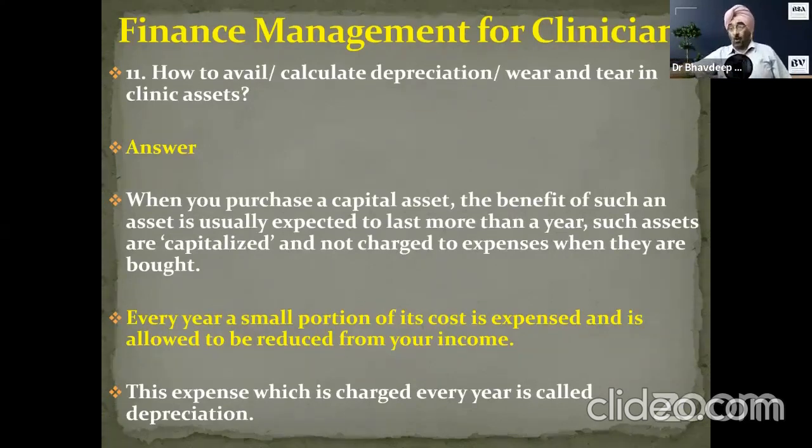Next year, you again get a depreciation of 10% on 90,000, not on 1 lakh. 90,000 minus 10%, another 9,000 you add in next year for the RVG. Now your equipment is valued at 90 minus 9, 81,000 rupees. Clear? Next year, you again have a depreciation of 10%.